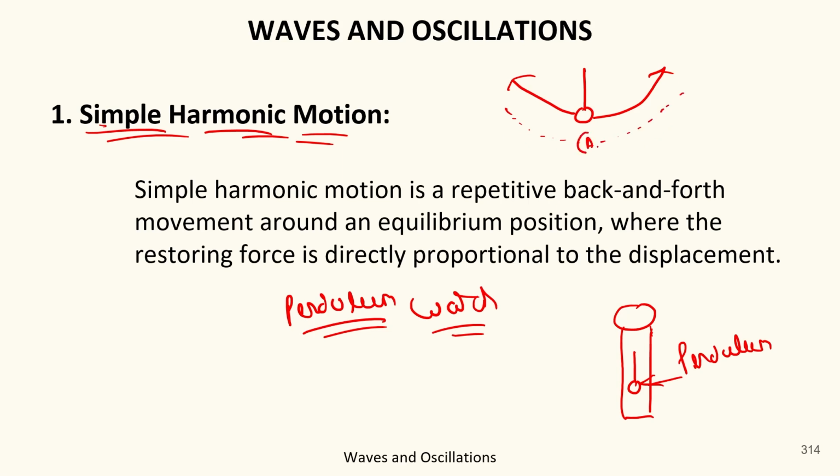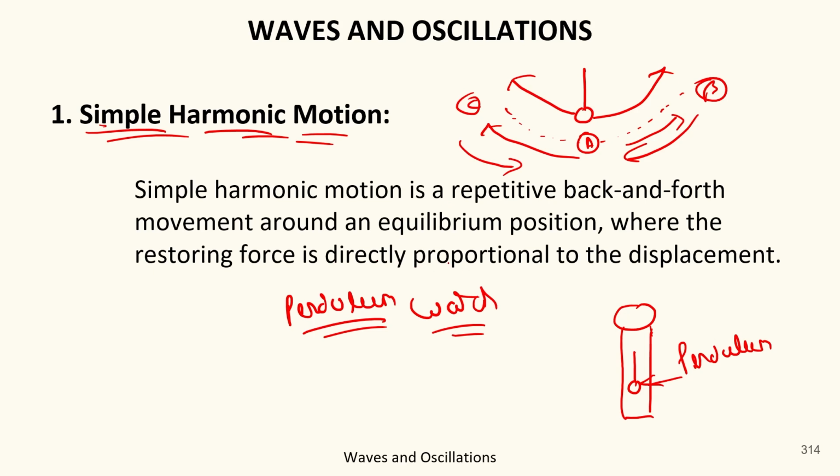From A, it goes to B, and from B, it comes back to A, and then goes to C, and from C, it comes back to A again. This movement keeps happening in this pendulum watch, and this motion is called simple harmonic motion: a repetitive back and forth movement around an equilibrium position where the restoring force is directly proportional to the displacement.